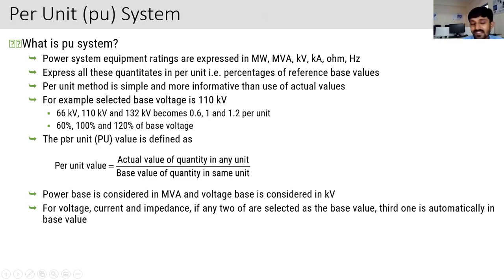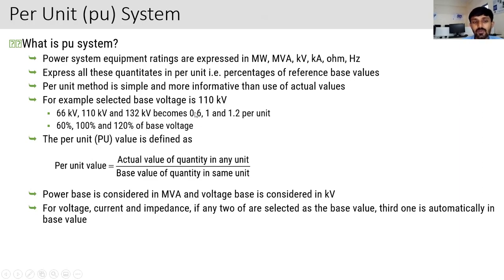So how can we denote 66 kV? 66 kV is 0.6, 101 kV is 1, and 132 kV is 1.2 per unit. So they are 60%, 100% and 120% of the base value.